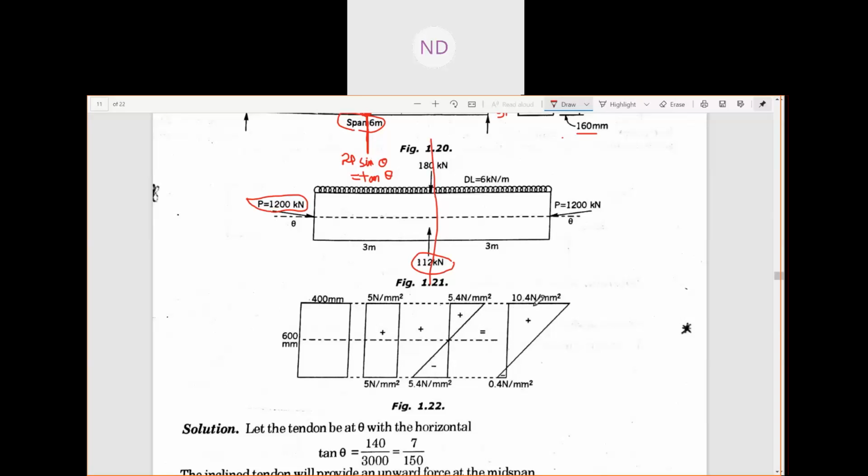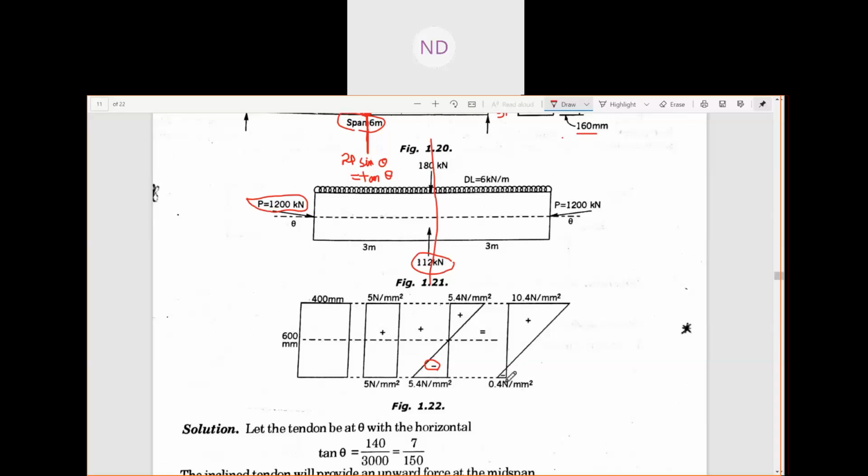So the total comes out to be 5, the stress due to the pre-stressing force, plus 5.4, which gives us the top fiber stress to be 10.4 Newton per mm square, and the bottom will be how much? 5 Newton per mm square minus 5.4, which obviously comes to be minus 0.4 Newton per mm square.